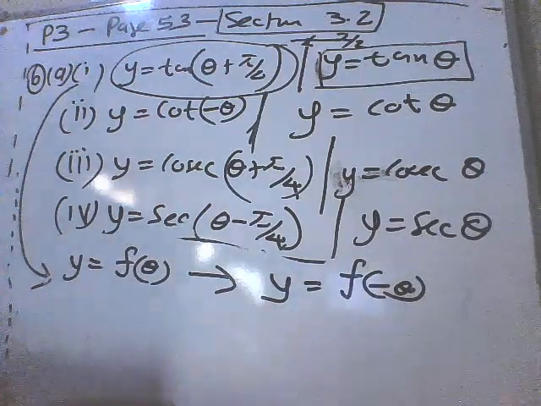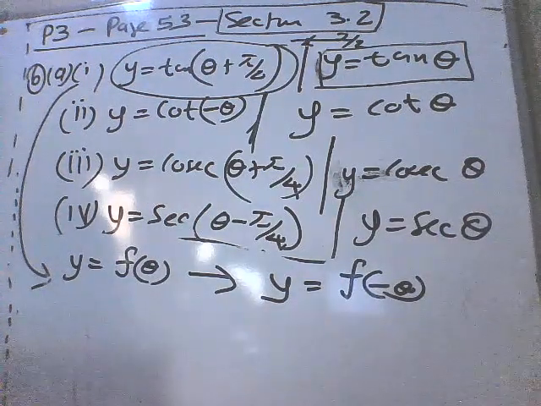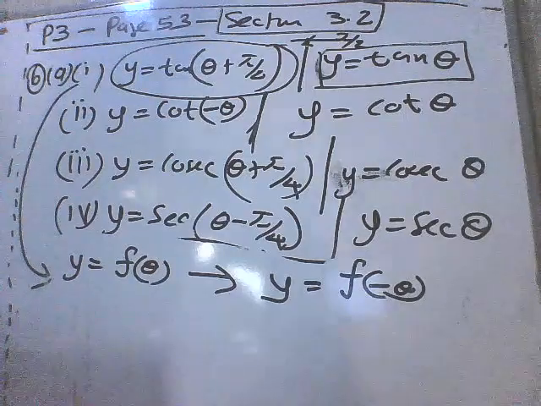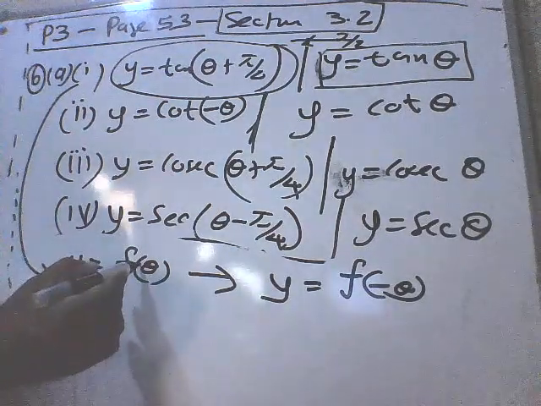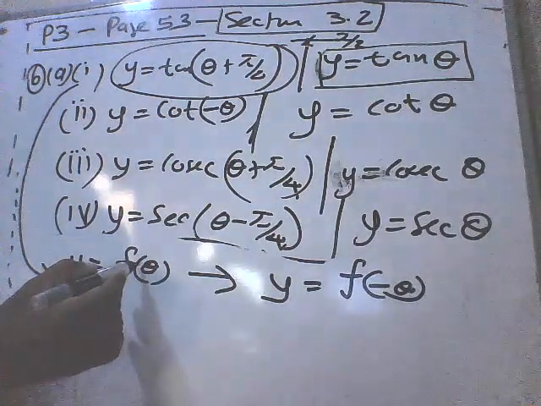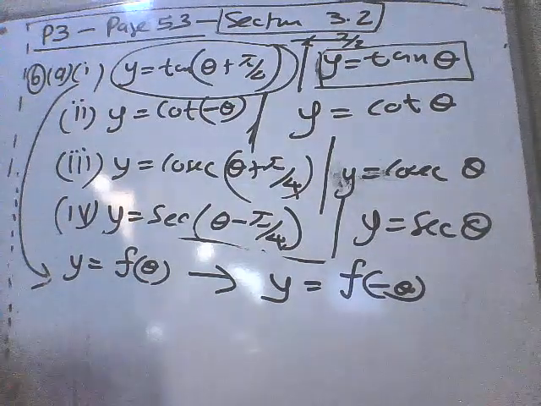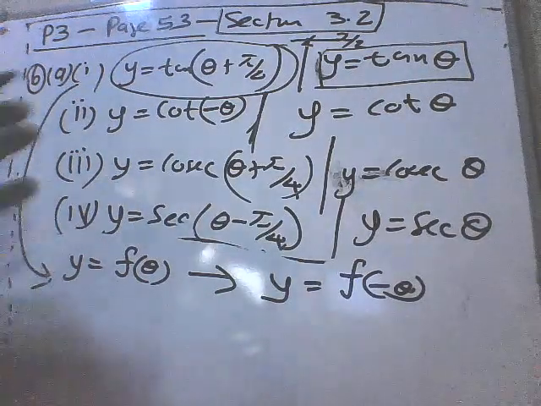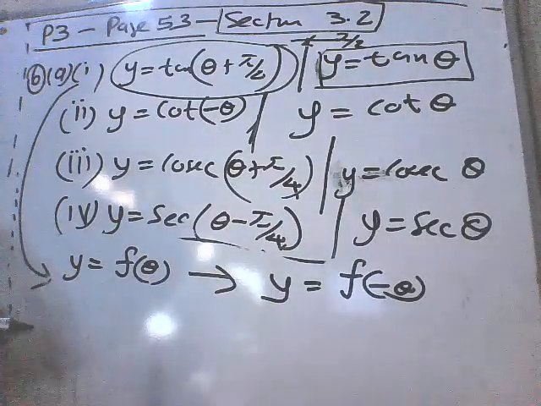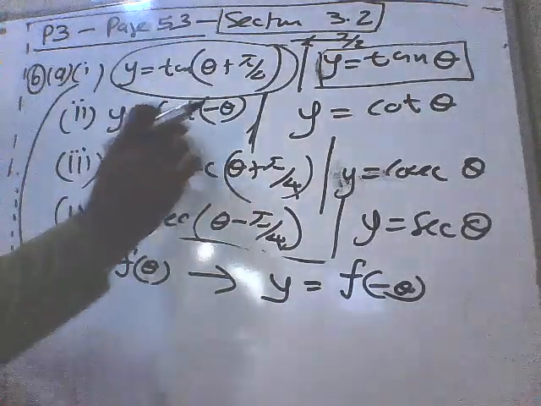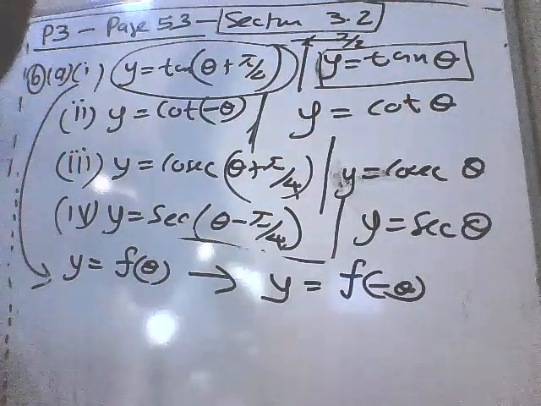That's all. So this is a reflection over the y-axis. If you have a minus here, it gets reflected. Those things I have explained. So from here to here it is a reflection over the y-axis.